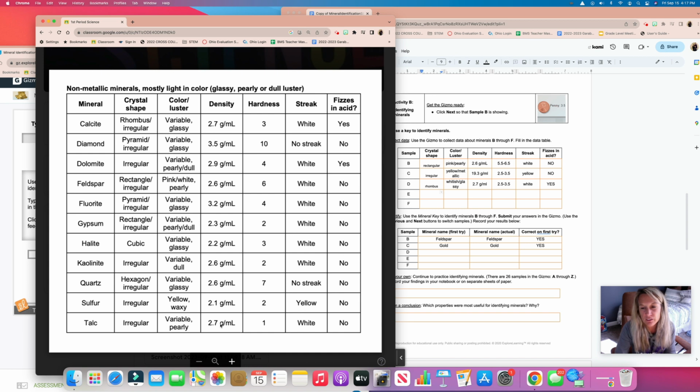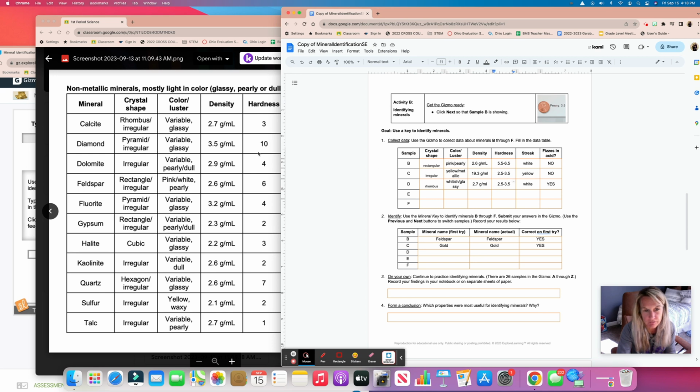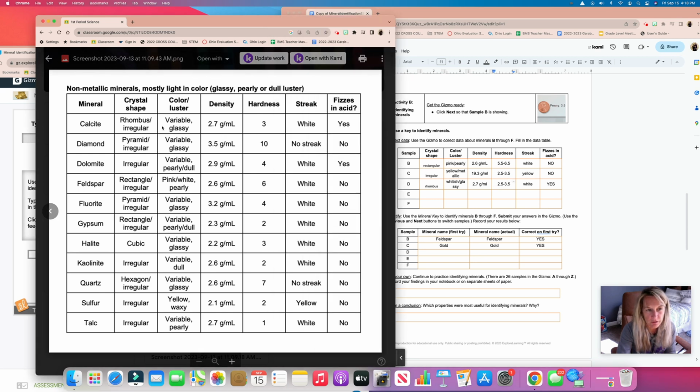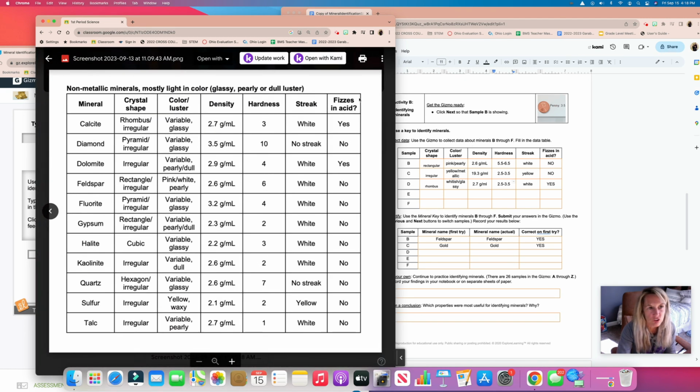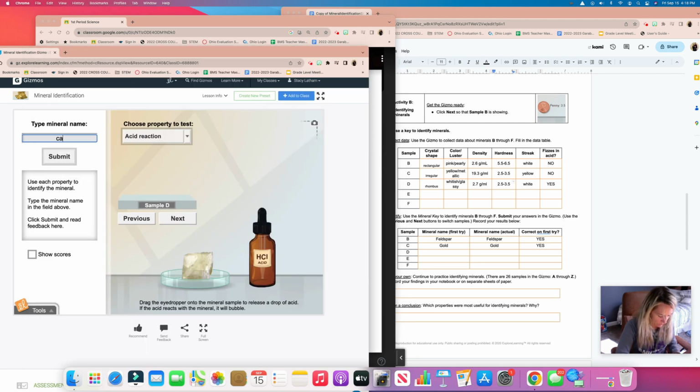Honestly, the fizzing in acid is probably going to be even more reliable than anything because very few minerals react with acid. So let's see, this one up here does react with acid. So let's check the other properties. Hardness of a 3, check. We said between 2.5 and 3.5. Streaks white. Is it glassy looking? Does it have a rhombus shape? Yes, it does. So let's check in the Gizmo if it's calcite.